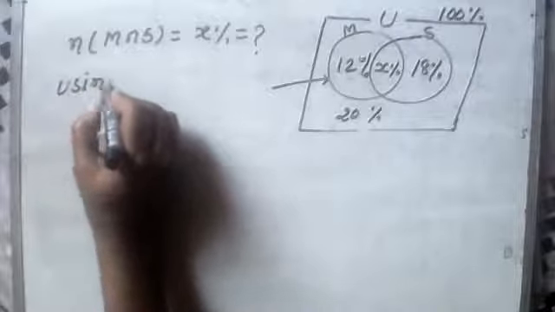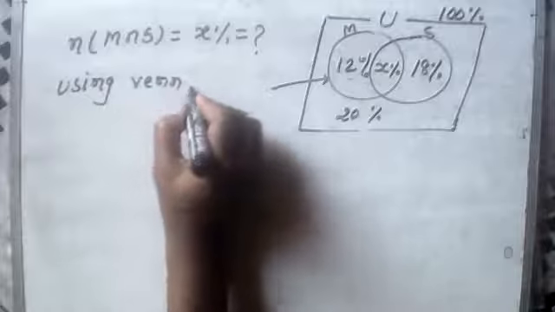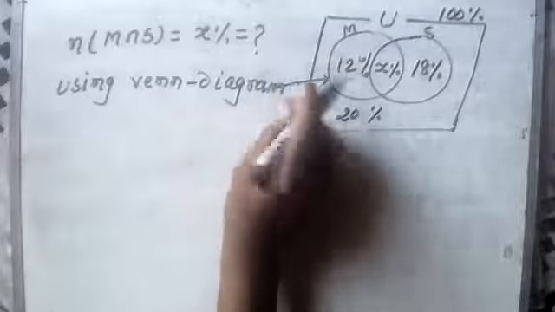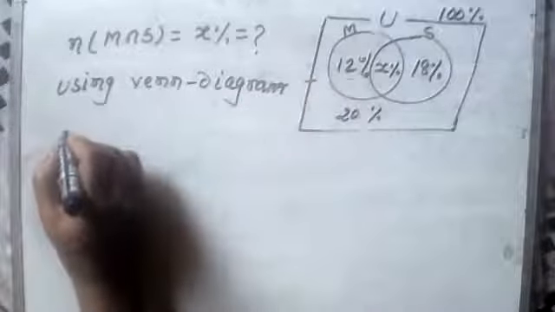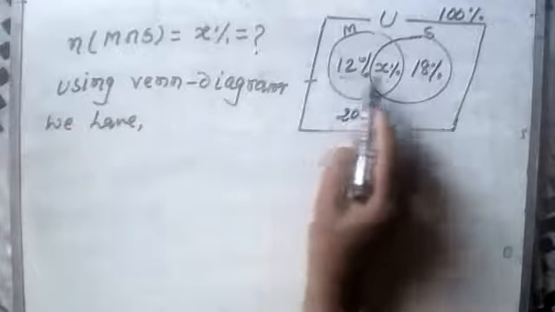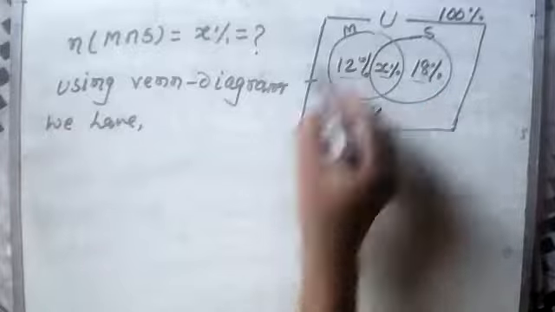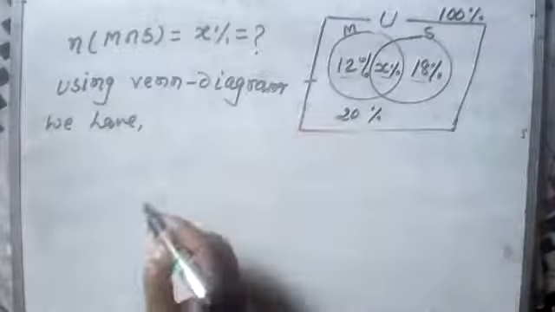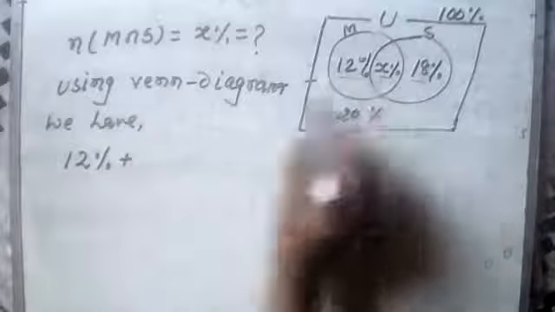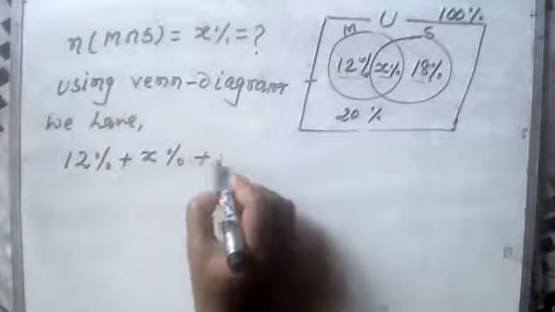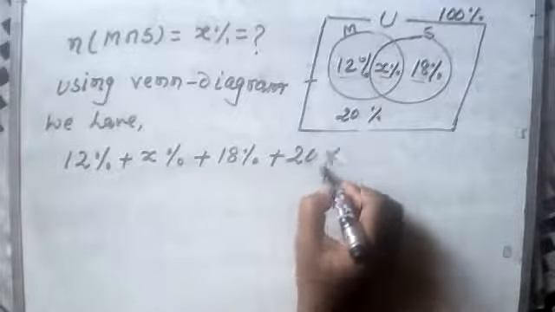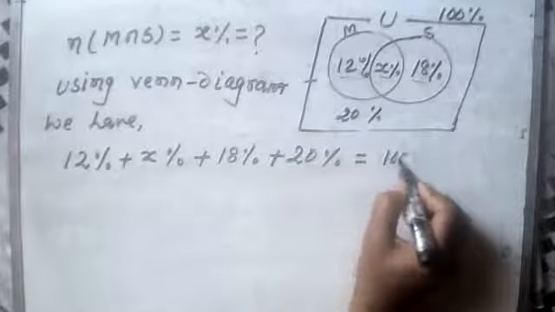Using the Venn diagram, this part plus this part plus this part plus this outer part gives the total universal set, that is 100%. So 12% plus x percent plus 18% plus this complement 20% is 100%.